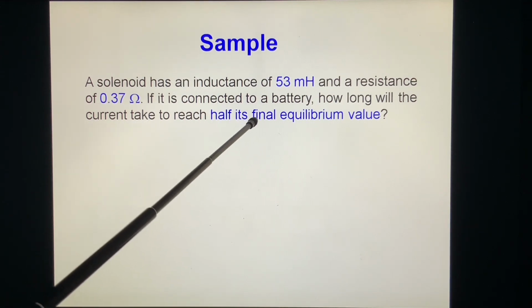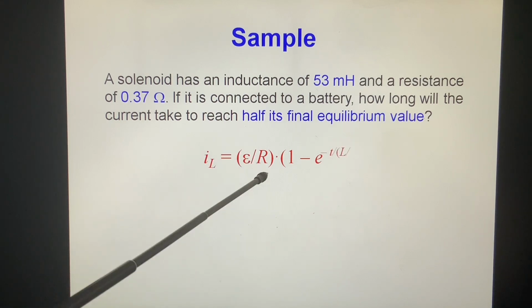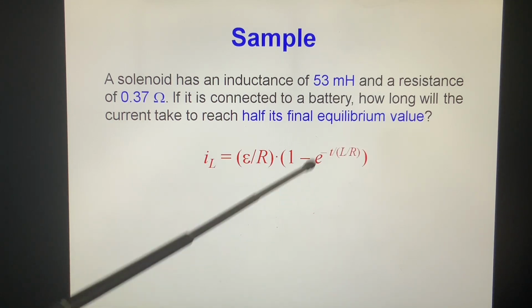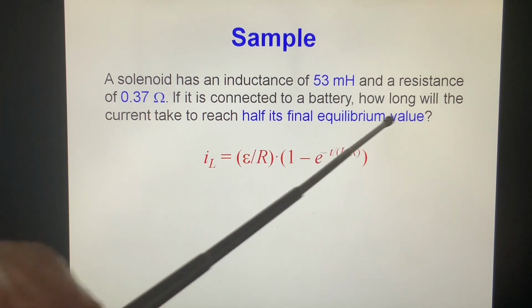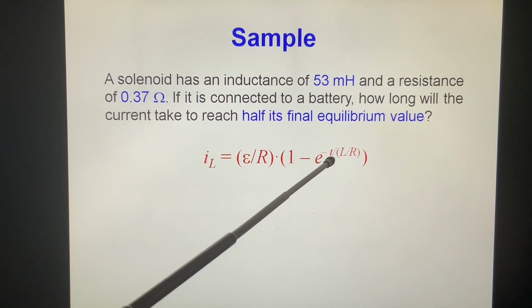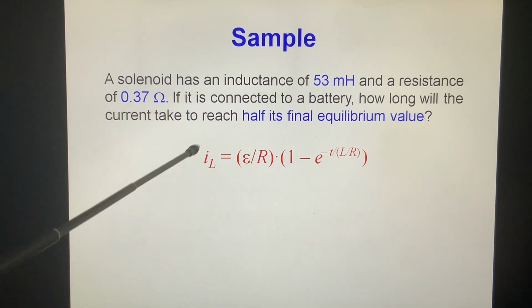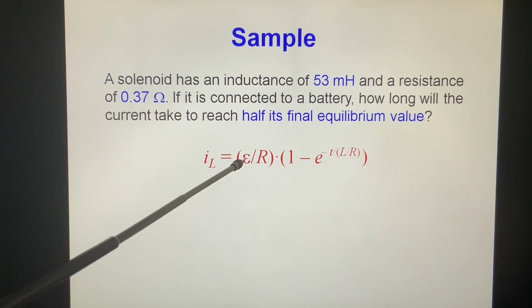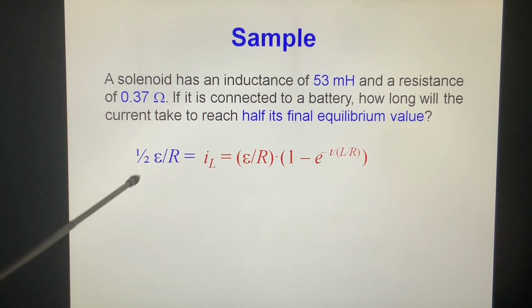First, we have to know what the final equilibrium value is. In an LR circuit, the current is I equals epsilon over R times 1 minus e to the minus t over L over R. For the final equilibrium value, t approaches infinity and e to the minus infinity is 0. So I infinity is epsilon over R. Now the question is, at what time does I equal half the final equilibrium value? This is the condition.